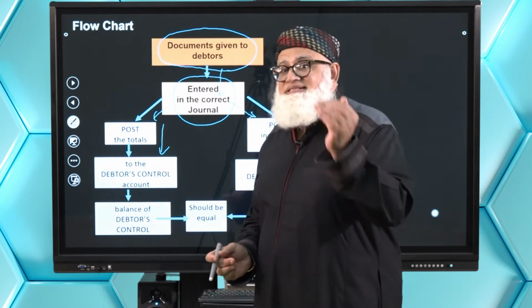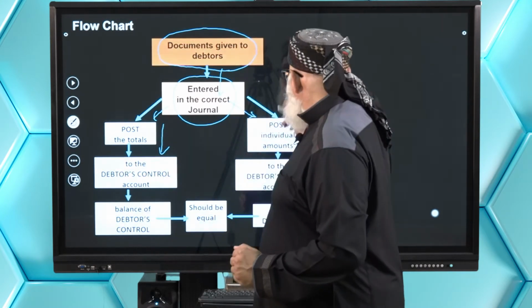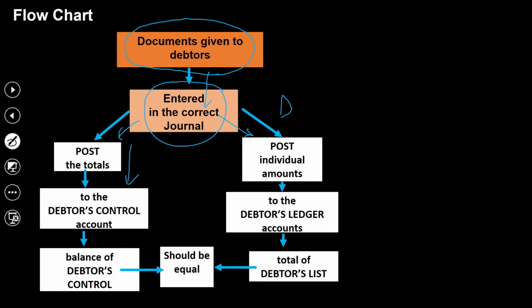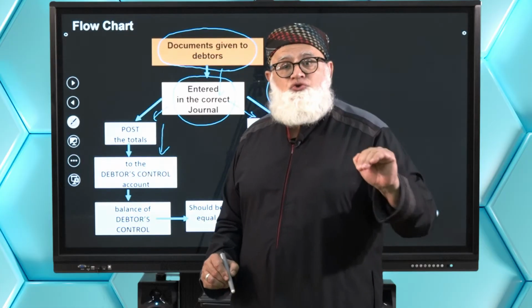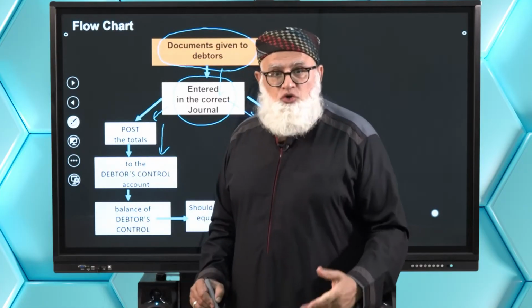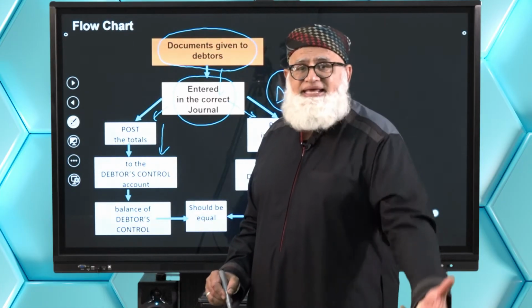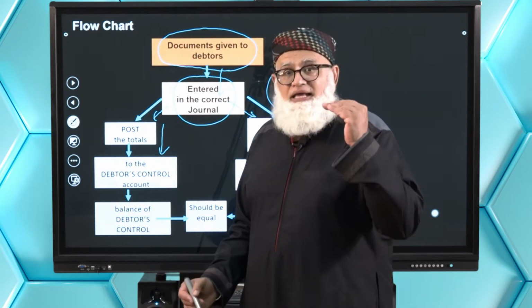But in my debtors ledger, you're posting individual amounts. You're not posting totals. You're posting individual amounts to where? To individual ledger accounts. So sold goods to A. Ash, B. Brown, E. Exteen, etc.